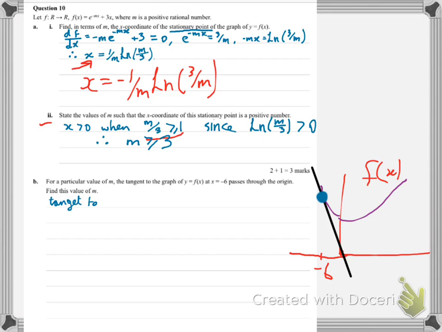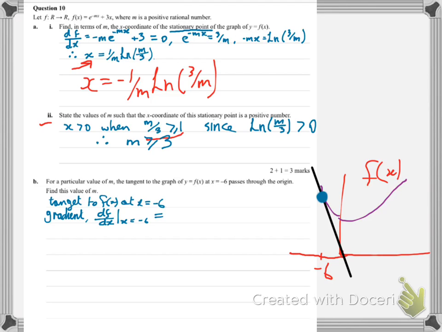So let's try. First off, a tangent to the function occurs at x equals negative 6. Well, let's consider the gradient of the tangent. The gradient is df/dx, but at the point x equals negative 6. So let's evaluate the gradient at that point.